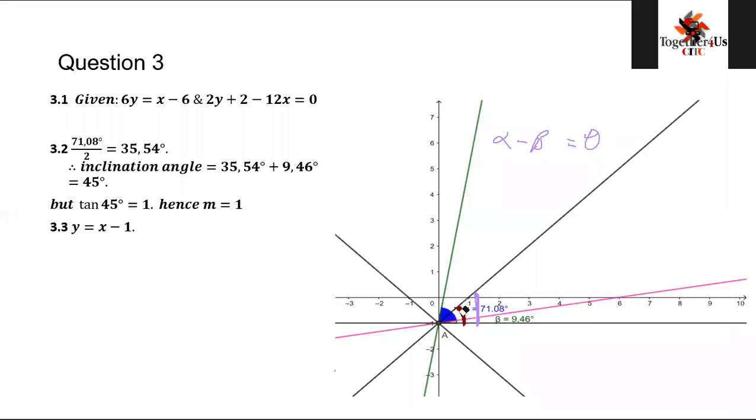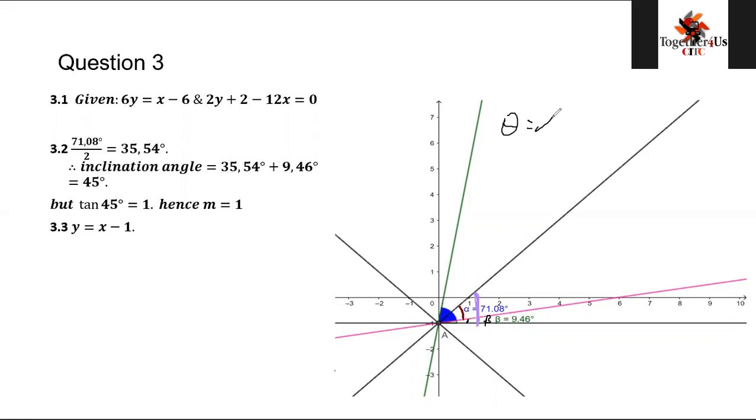And in finding that theta, I need to consider this small angle and this small angle. My apologies for the confusion. So let's say the one in black is beta, the one in maroon is alpha, and the one in pink or purple is theta.